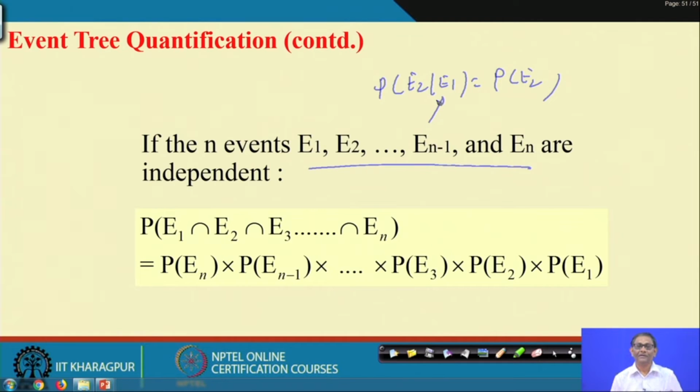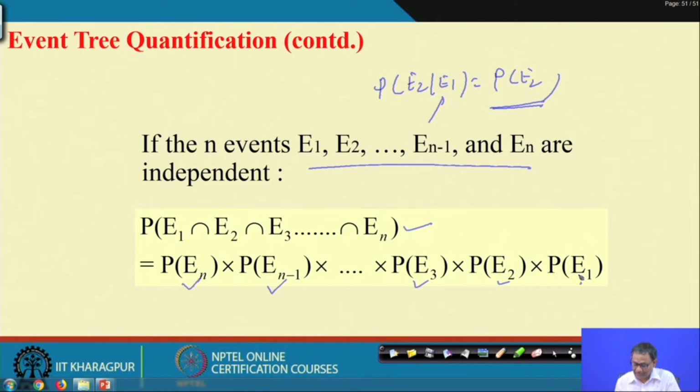It does not contribute to the E2 event occurring. So, the probability will be like this, and that is what we have written here: the probability of En conditional on all the other events, E n minus 1 to 1, that joint probability is immaterial. So, we will write P(En), P(En minus 1), P(E3), P(E2), P(E1).